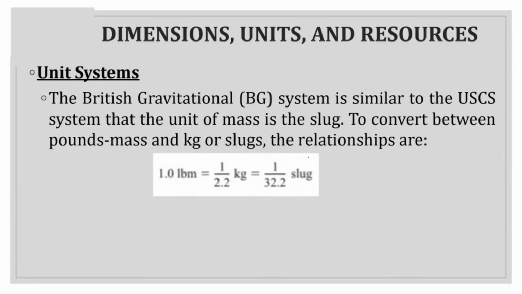We also have the British Gravitational, or BG, system, which is similar to the USCS system, except that the unit of mass is the slug. To convert between pounds mass, kilogram, and slug, these are the common relationships: 1 pound mass is equal to 1 over 2.2 kilogram, which is equal to 1 over 32.2 slug.